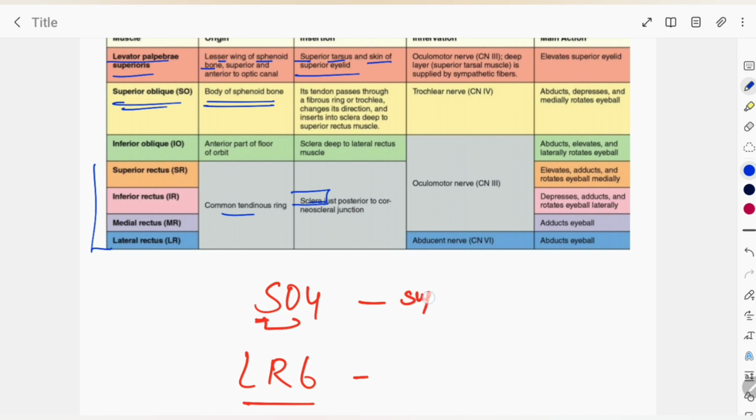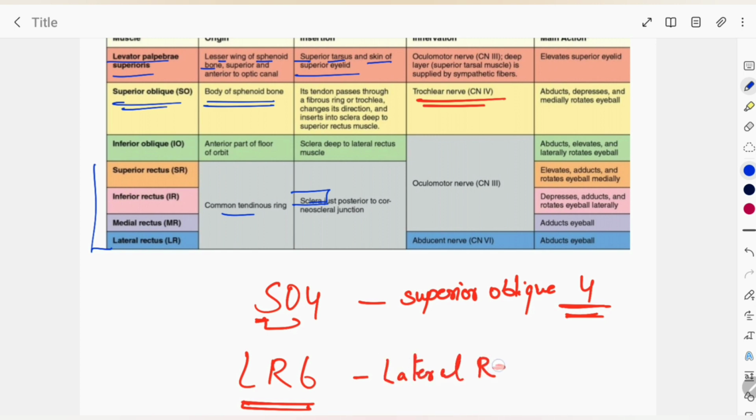SO is our superior oblique, and 4 signifies cranial nerve number 4, that is the trochlear nerve. So the trochlear nerve supplies the superior oblique. LR is our lateral rectus. The lateral rectus is supplied by cranial nerve number 6, which is the abducens nerve.